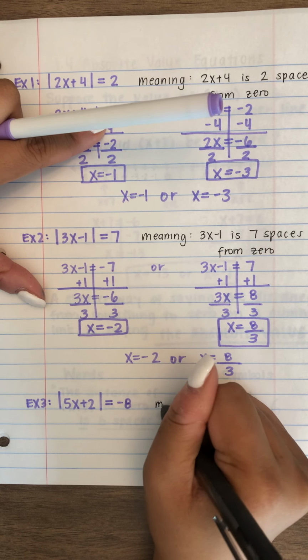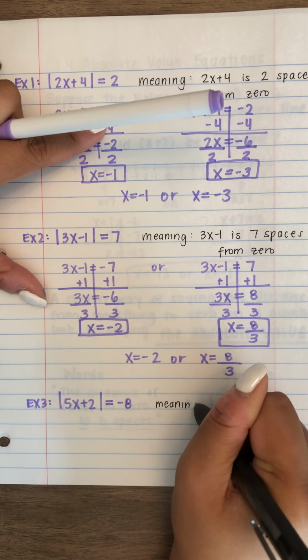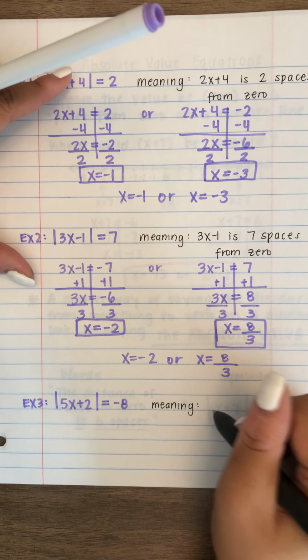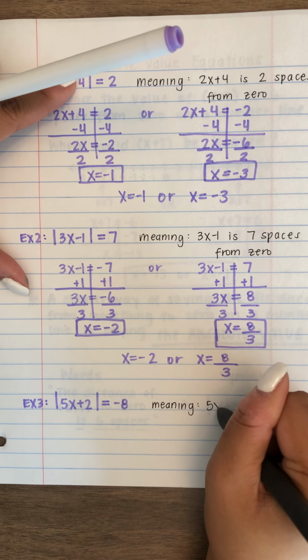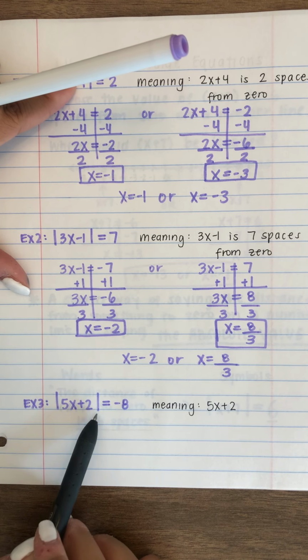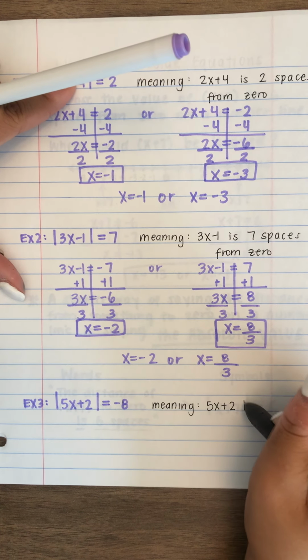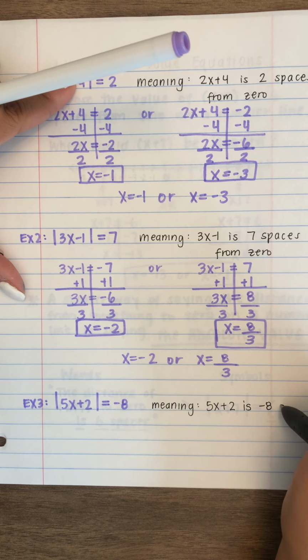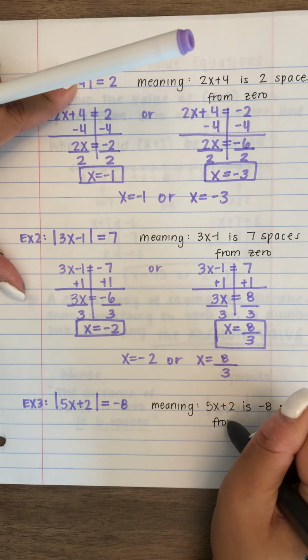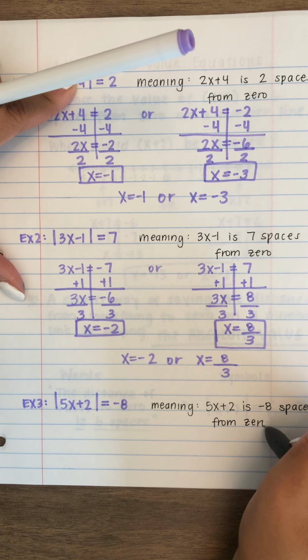The meaning of this, again, it's the same structure. So 5x plus 2, which is what we have in absolute value signs, is -8 spaces from 0.